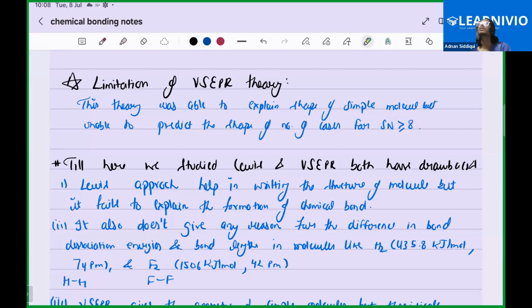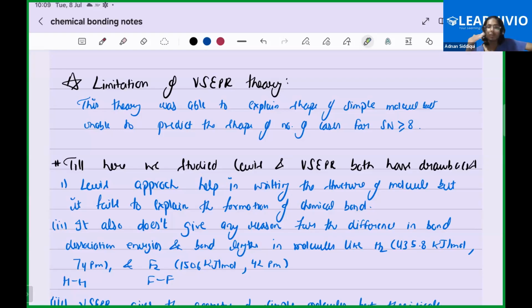Or there are lone pairs. You can simply say 8 species are surrounding a central atom, right? Can we say 8 species? Yes, because before 8, till 7, VSEPR theory is valid.